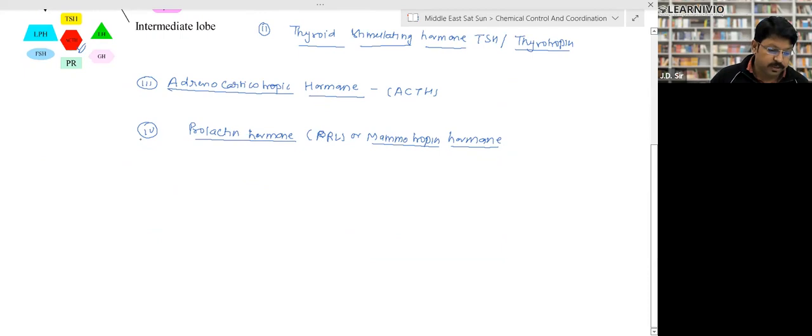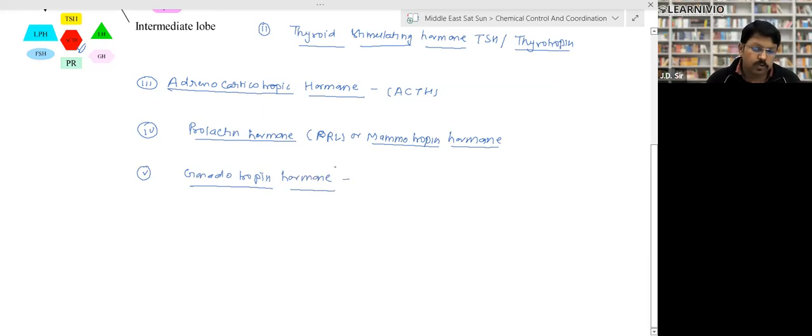Next, the fifth one is gonadotropin hormone. From the name itself, it reflects that they are responsible for maturation of the gonads, right? So these are two hormones.